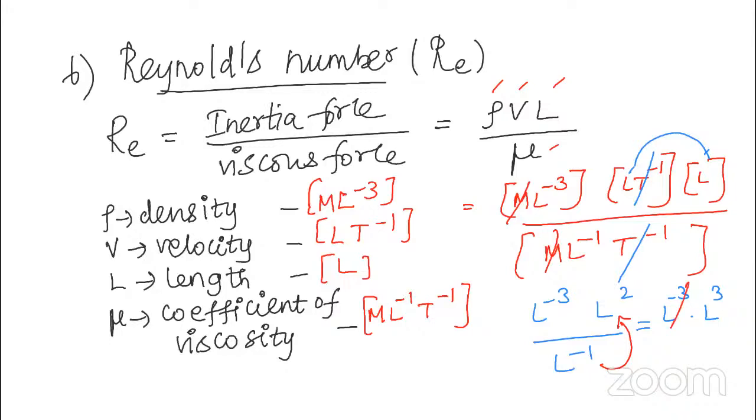So the plus value and the minus value should be cancelled. So there is no dimension. So simply we can say that it is a dimensionless constant. Okay, so it is one example, children.